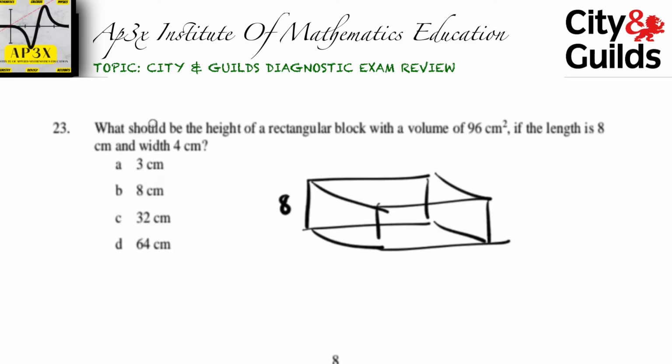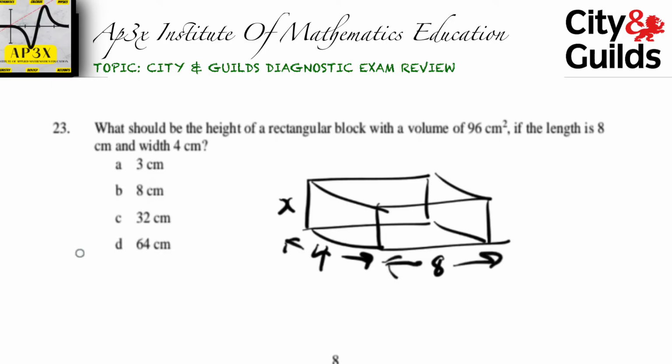So okay, it says what should be the height. Okay, so we don't know the height, so let's call that X. Of the rectangular block with a volume of 96, if the length is 8 and the width is 4. Okay, so the width here is from here to here, and the length is from here to here.